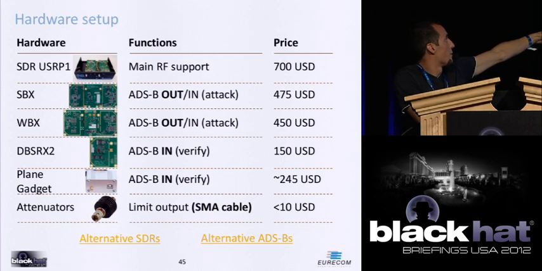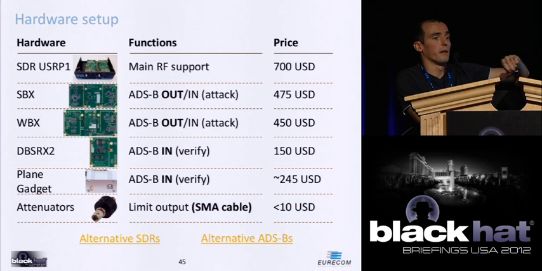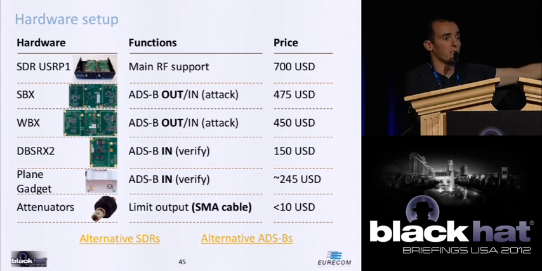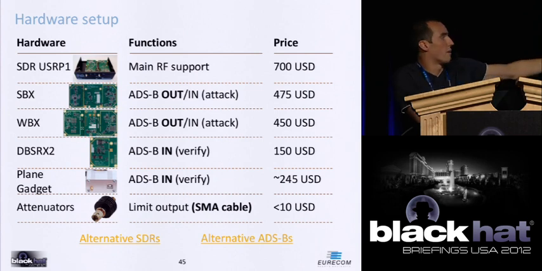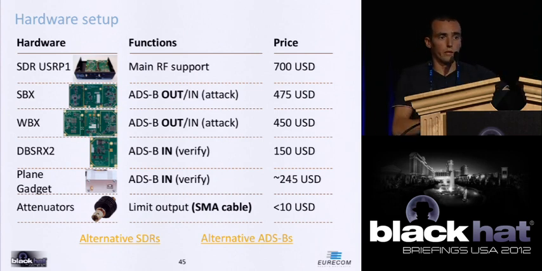We have a DBS RX2, which is used to receive signals on the USRP. We also use a commercial plane gadget receiver, an enthusiast-level receiver, to verify our attack. And some attenuators to make sure that we are not emitting too much noise and we are under regulation.